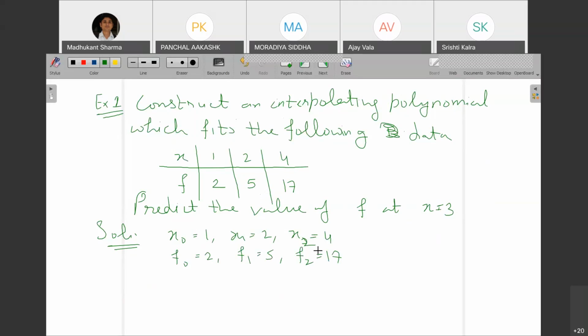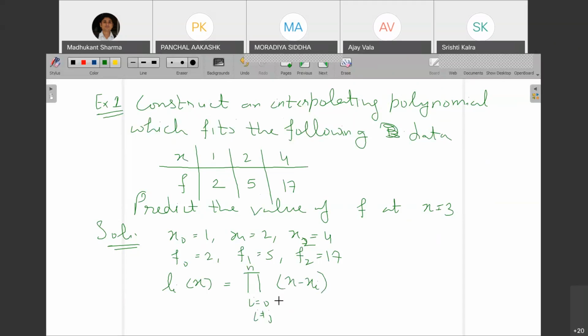For the Lagrange interpolating polynomial, you need to first devise the cardinal functions. Cardinal functions, if you recall, are given by Lj of x, that is equal to the product over i equals 0 to n, i not equal to j, of (x minus xi) divided by (xj minus xi).